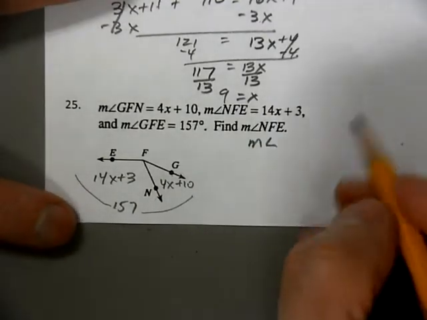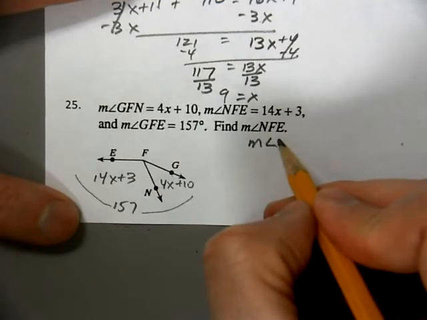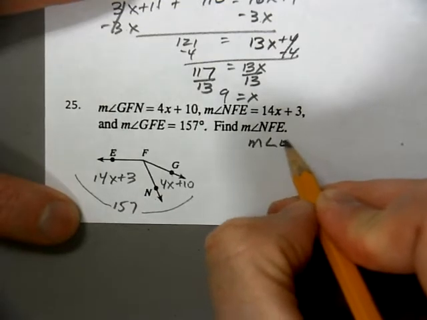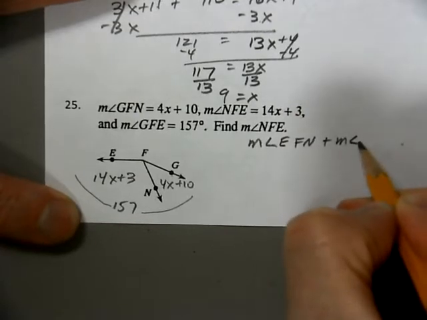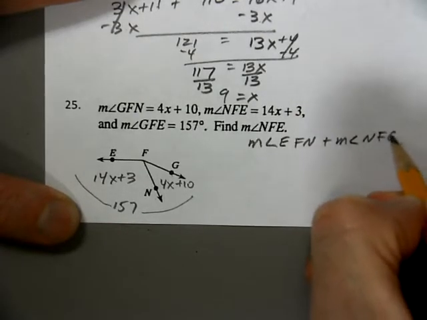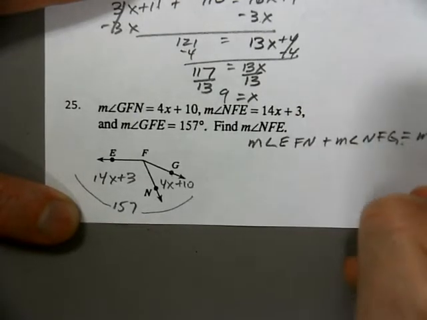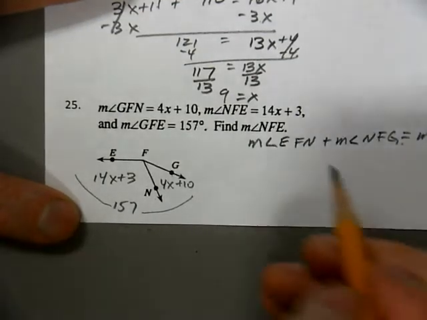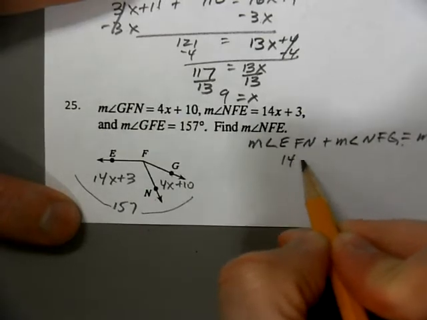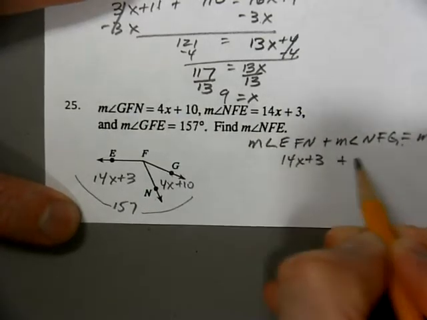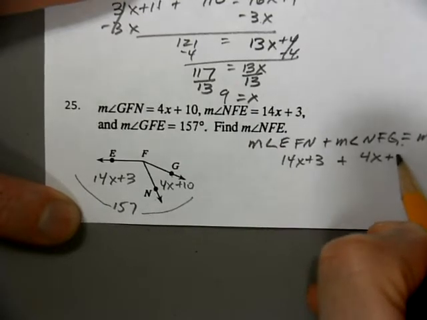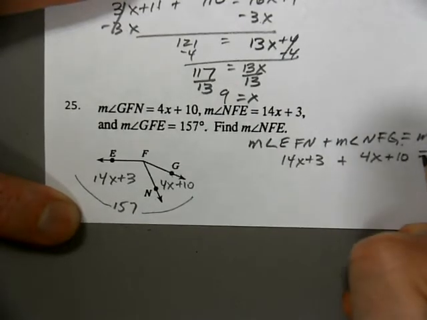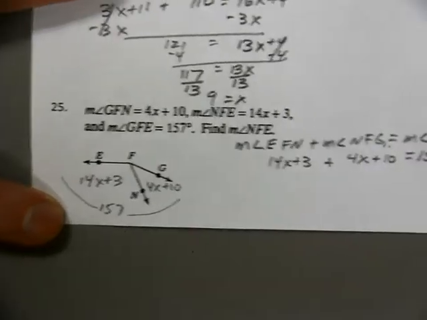So the measurement of angle EFN plus the measurement of angle NFG equals the measurement of angle EFG. So we get 14x plus 3, we get 4x plus 10, and that equals 157.